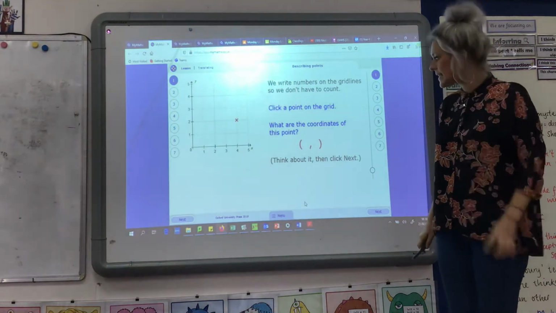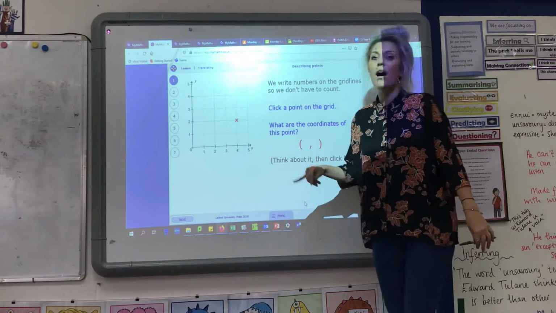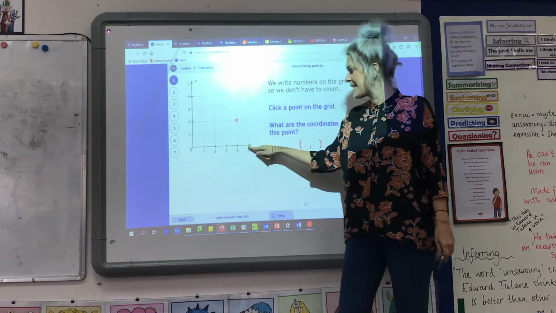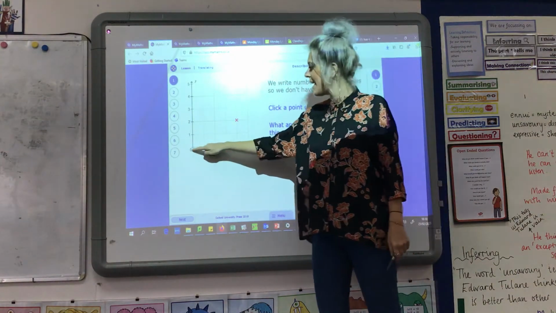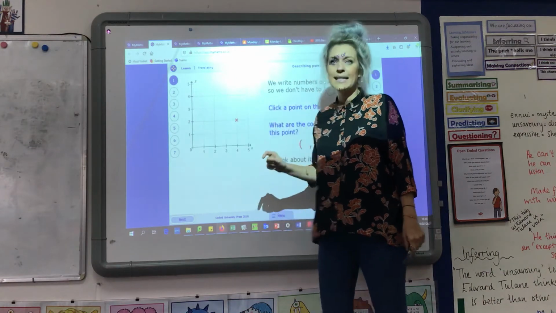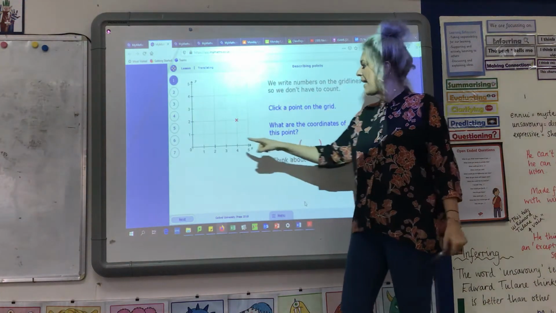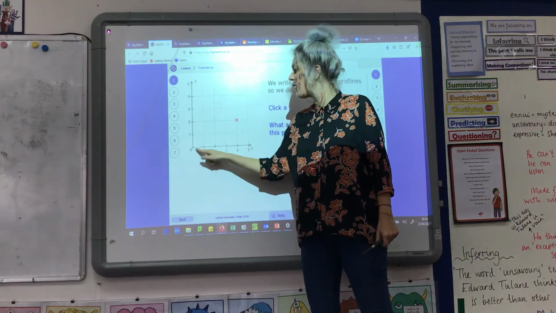So yesterday we learnt that here is our x-axis and here is our y-axis. Together we call them axes, and this is our point of origin.